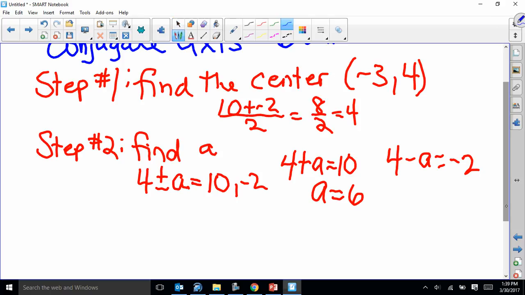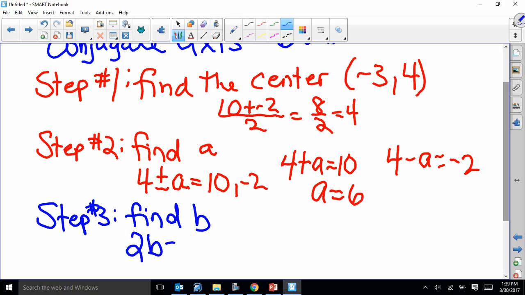For step 3, find b. 2b equals our conjugate axis length, which in this case is 6. So b equals 3. Now we know our center, we know what a is, and we know what b is, so we can find our equation with that information.